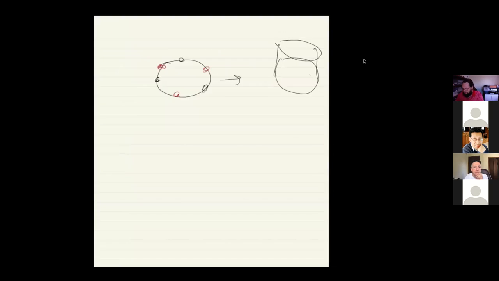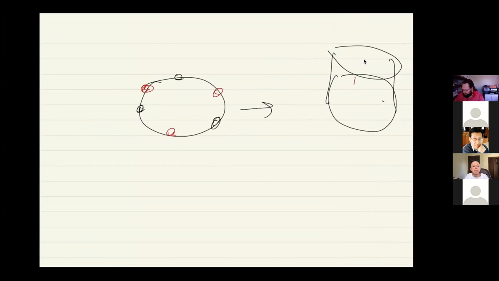And for each positioning of my black dots, I get an idempotent in my algebra, which is just: take this circle and extend it up through the cylinder, right? So now I turn this into a cylindrical picture with both my red and black lines being straight. So this is an idempotent. Let me call this EX, where X is the position of the black dots.